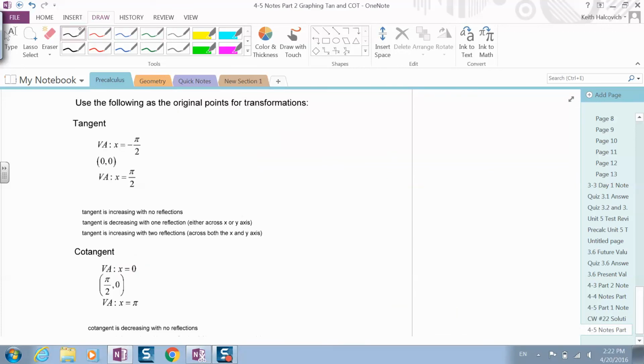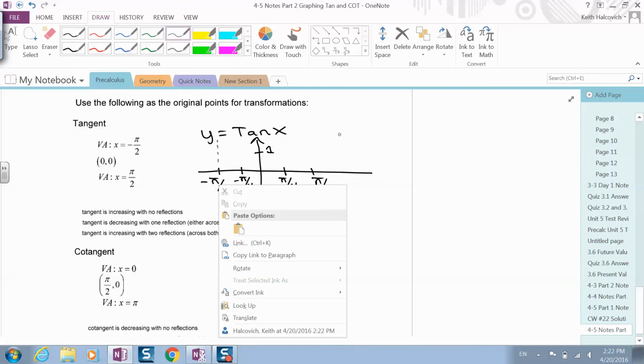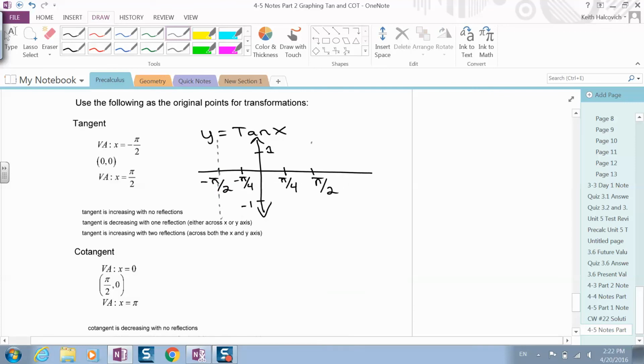So looking at the base tangent function, y equals tangent x, if I were to graph it, my domain, remember, is from negative pi over 2 to positive pi over 2. Remember, there's asymptotes at negative pi over 2 and at positive pi over 2.